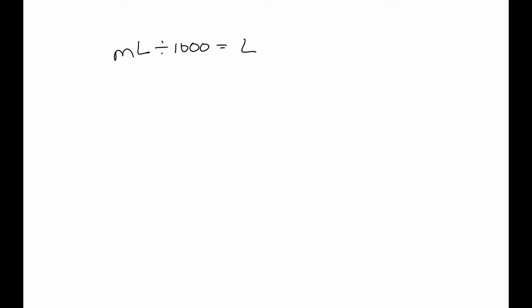Also, if you're given grams, mass divided by molar mass gives you the moles, which is your N value. Sometimes you'll be given the mass, so you need to divide by the molar mass to get the moles.